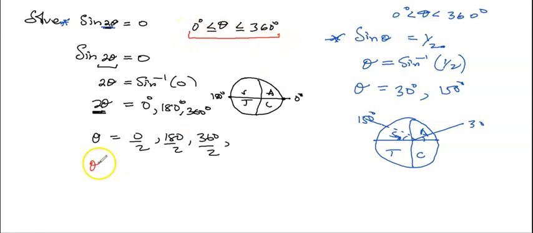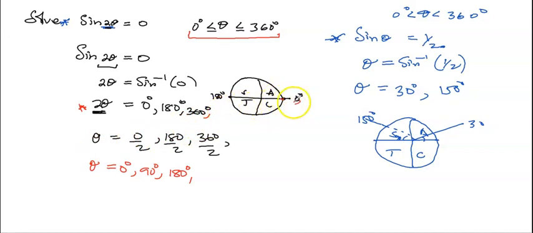So when we divide by 2 here, the first angle is 0, you have 90, you have 180. So we haven't exhausted all the answers. That means we have to go back over here on the 2 theta and write all the answers possible. Then we keep on dividing. So from 360, we go another round.